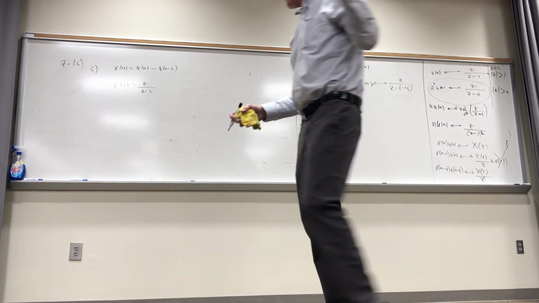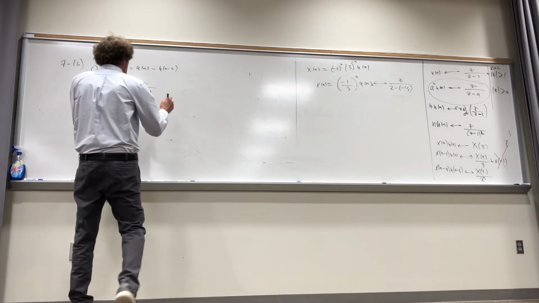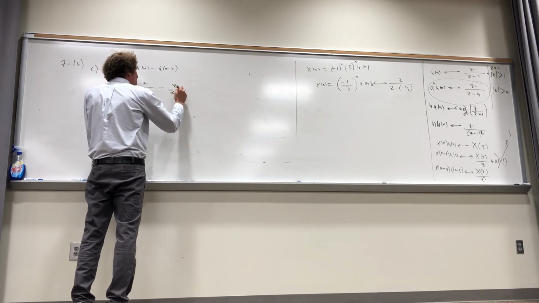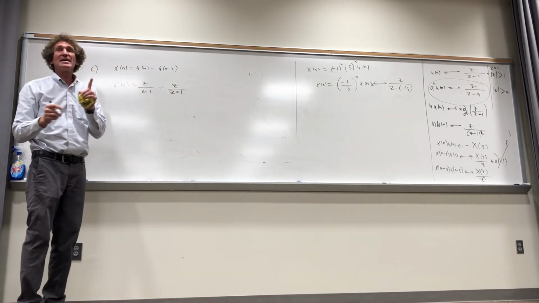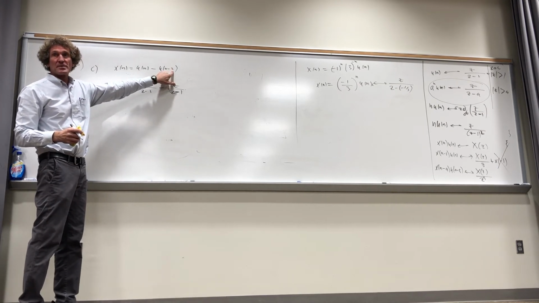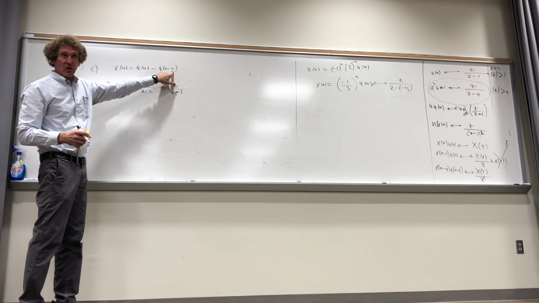That's my point. So that means this one goes to z over z minus 1, same as u of n, but now I divide it by z to the power 2, because it's delayed by 2. Do you follow me on that?